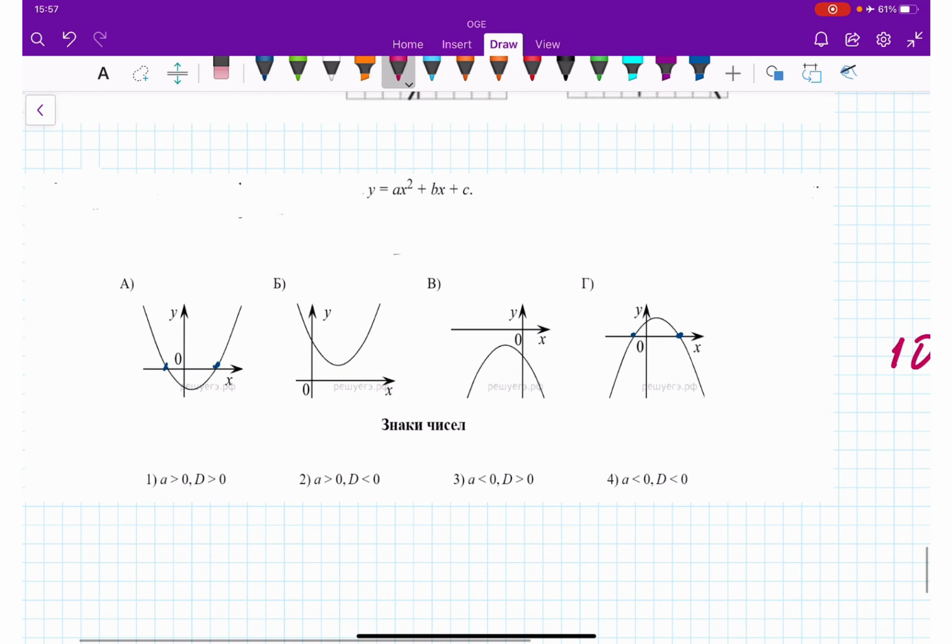So, we are given the graphs of function y is equal ax squared plus bx plus c.